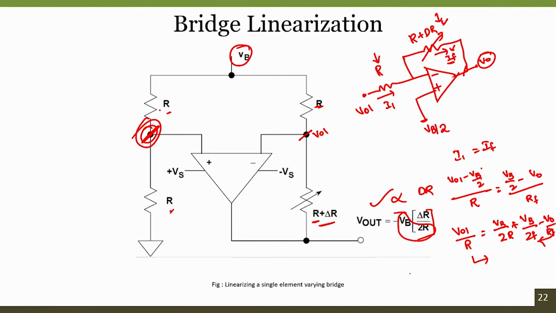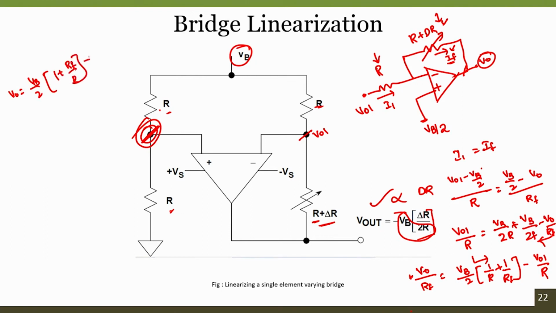So we get V naught by Rf is nothing but Vb by 2 into (1 by R plus 1 by Rf) minus VO1 by R. Solving for that, V naught is nothing but Vb by 2 into (1 plus Rf by R) minus VO1 into Rf by R. So, this is what we have seen previously.